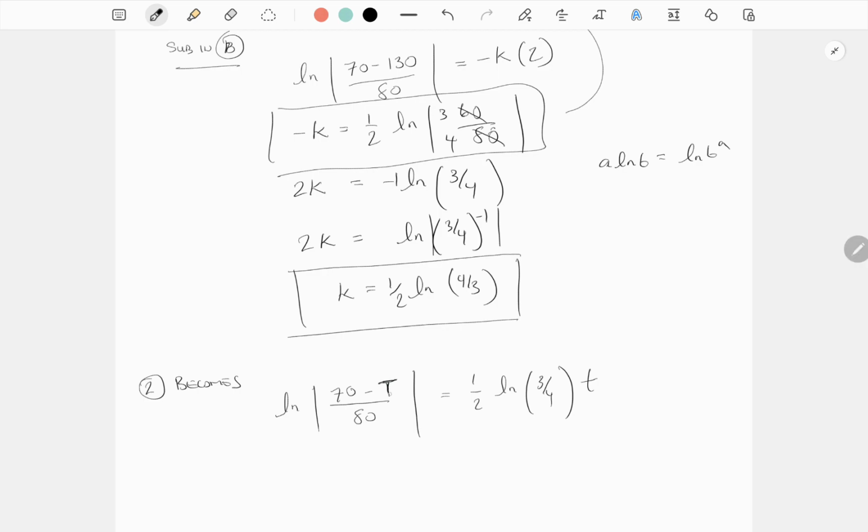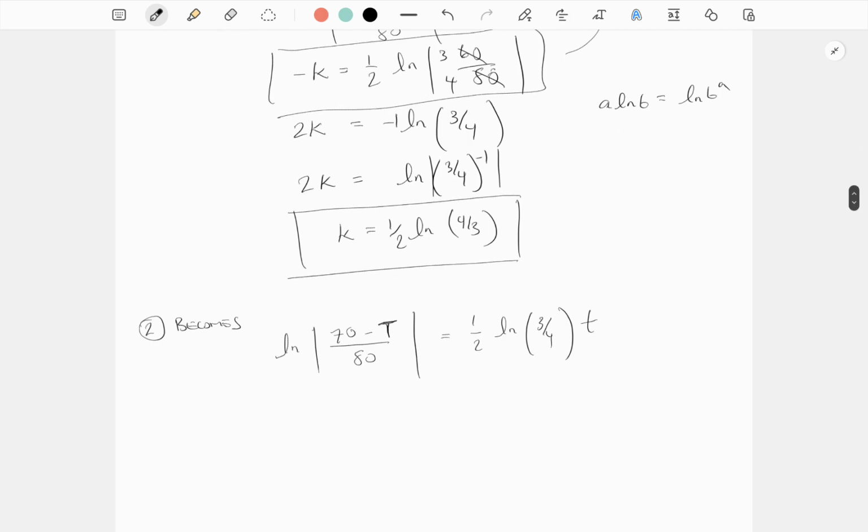We're not looking for the temperature, we're looking for the time when it reaches 110 degrees. So we need to solve for t. I'm going to multiply the left-hand side by 2, divide by ln of 3 over 4, and multiply by ln of 70 minus t over 80.